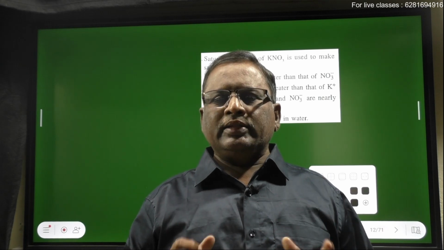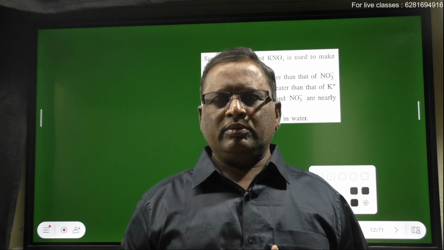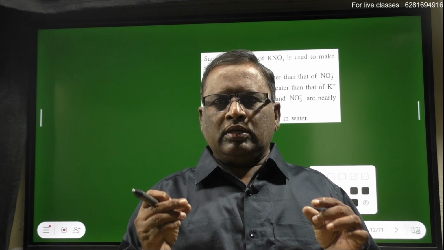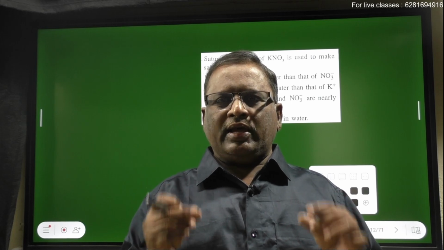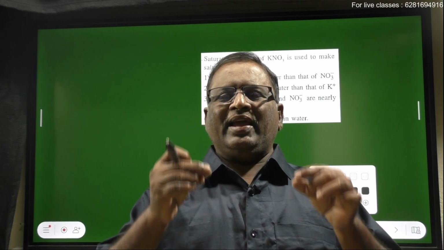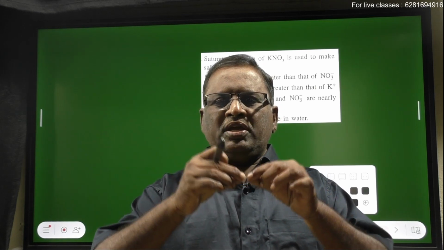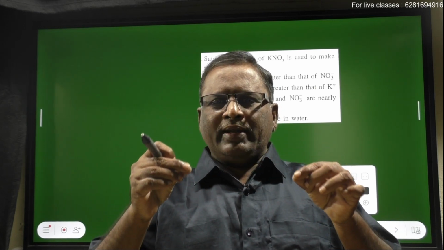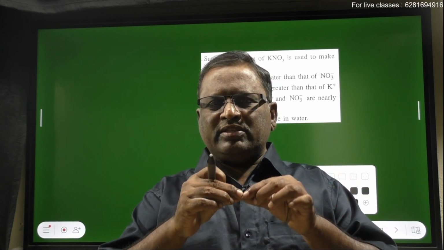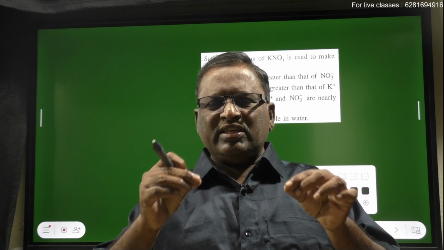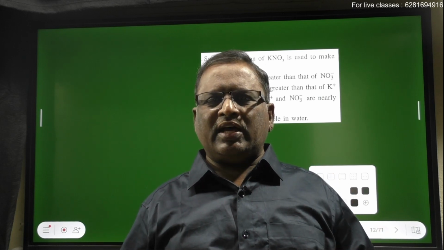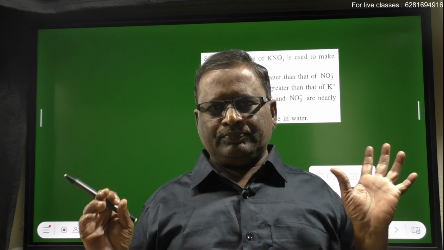The main purpose is that both anion and cation should have equal mobility, that means they should travel with equal speed to reach the two half cells.